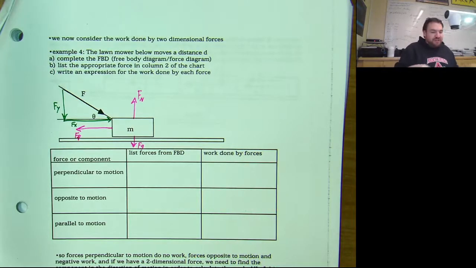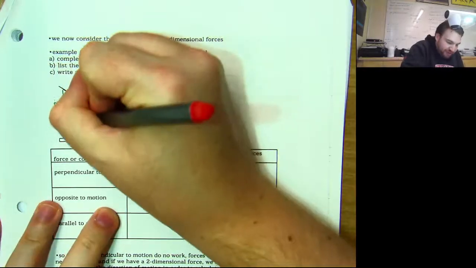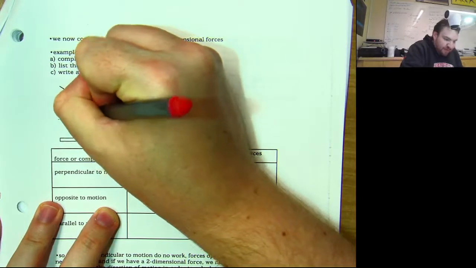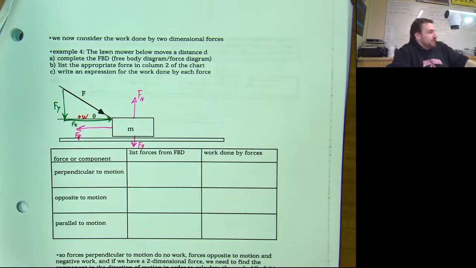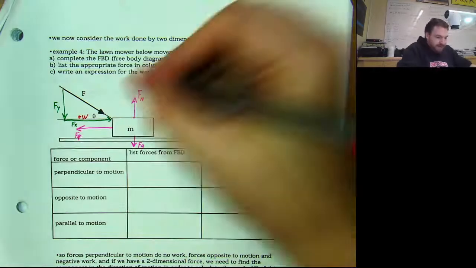Which forces here are actually doing work? So Fx is doing what kind of work? So we would say that Fx is doing positive work. What else is doing work? Force of friction, what kind of work? Negative.